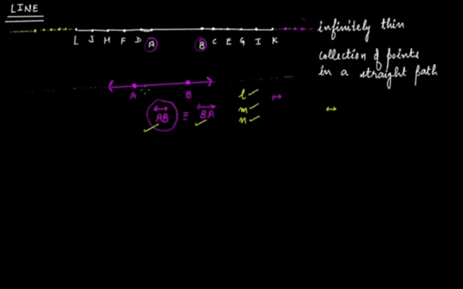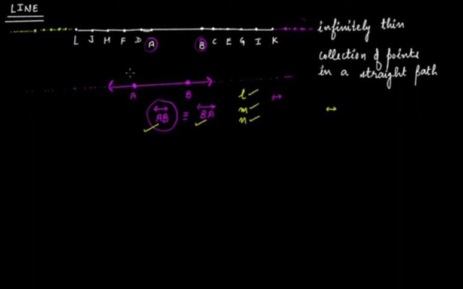In a line, we can place as many points as we want, and there is no limit on either side. It can extend infinitely at this end and at the other end.